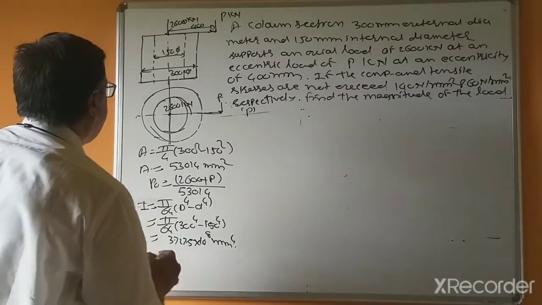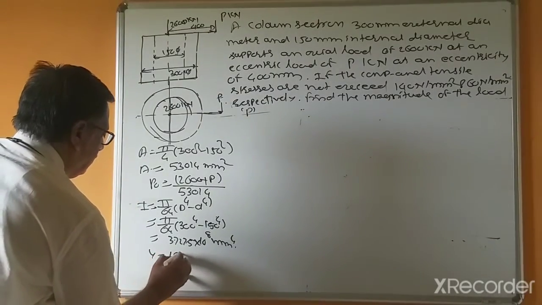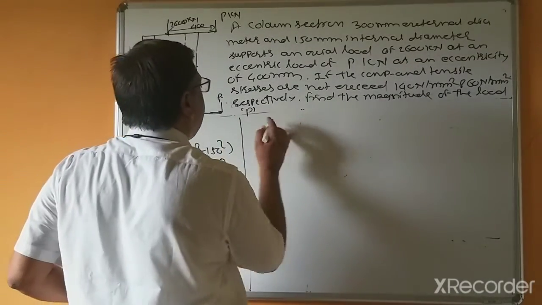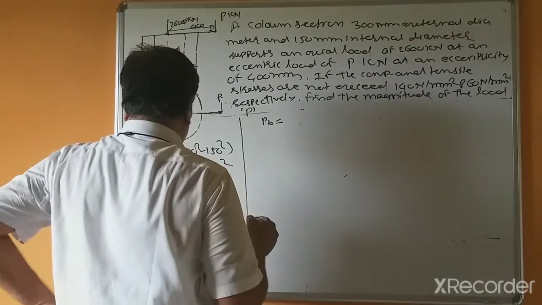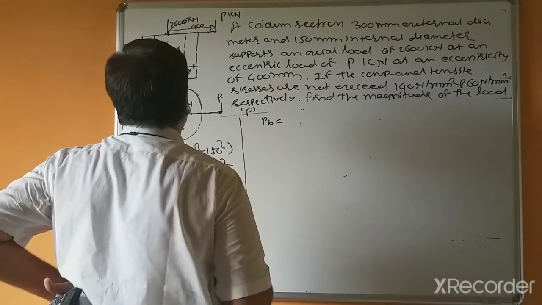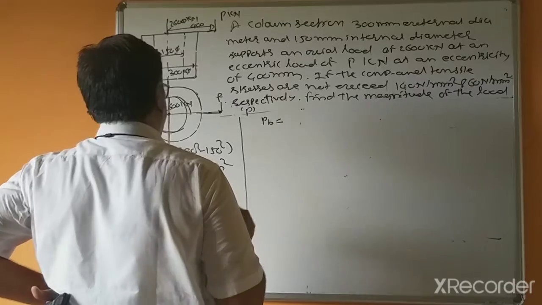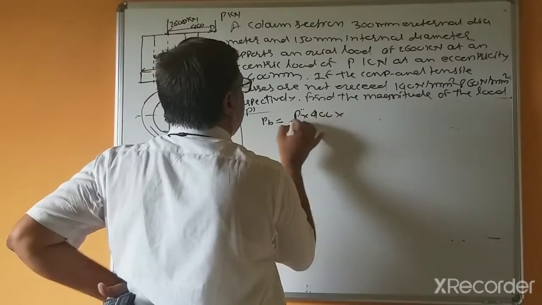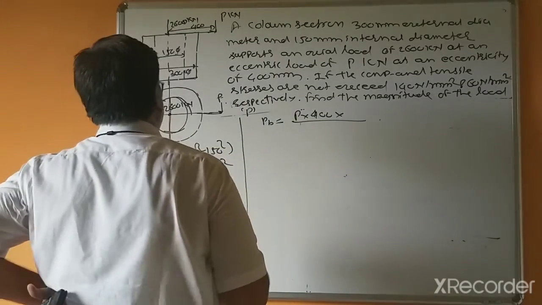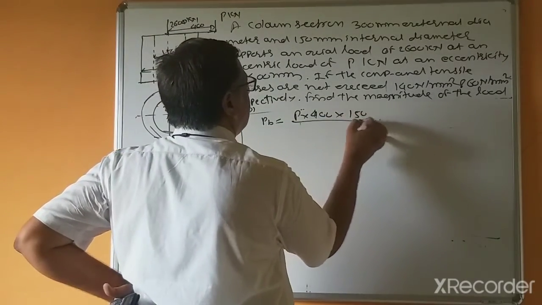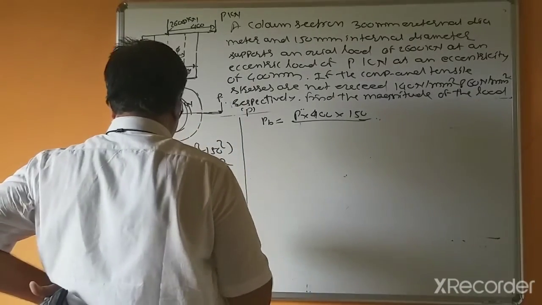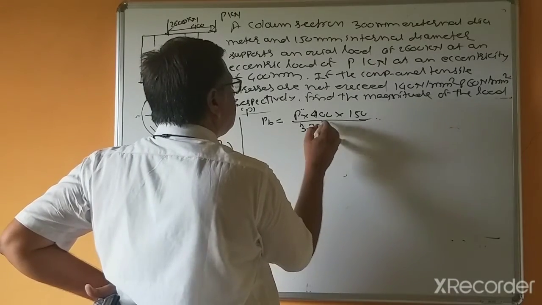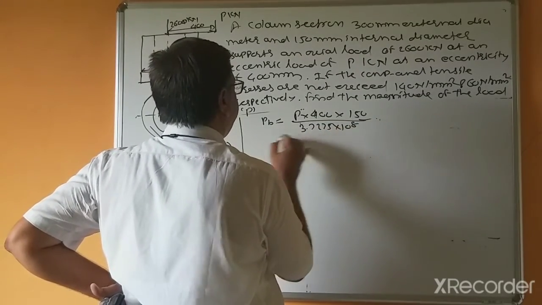Right, y equal to 150. That's why the bending stress equal to, now only one load, P into e equal to 400 multiplied by y equal to 150 divided by 3.7275 10 to the power 8.